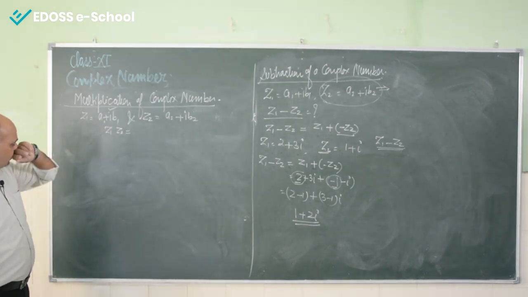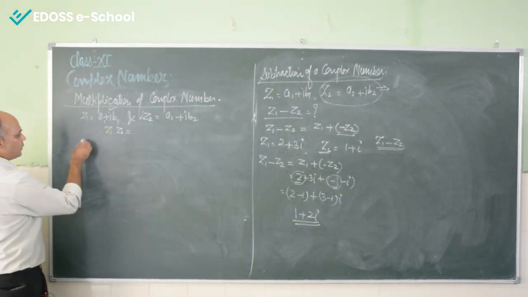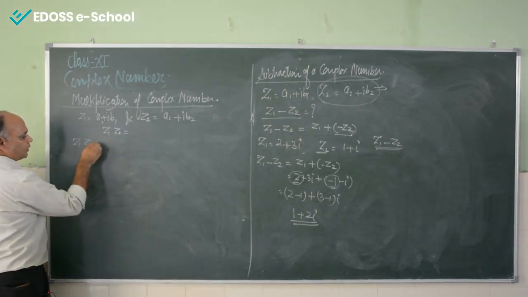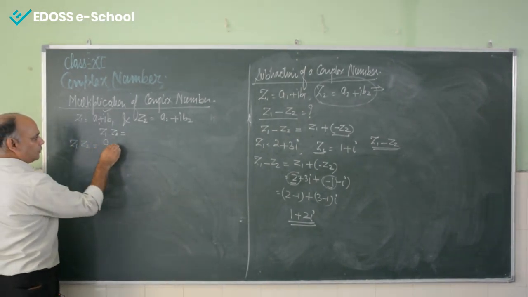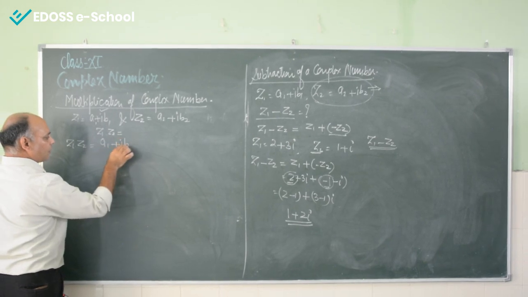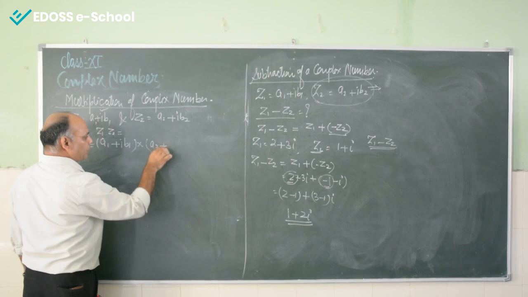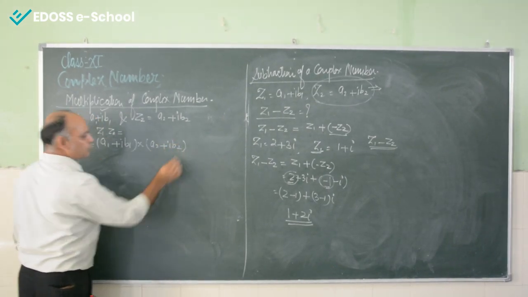What you have to do, first suppose you want to find Z1 dot Z2, that means you have to write A1 plus iota B1 multiplied by A2 plus iota B2.